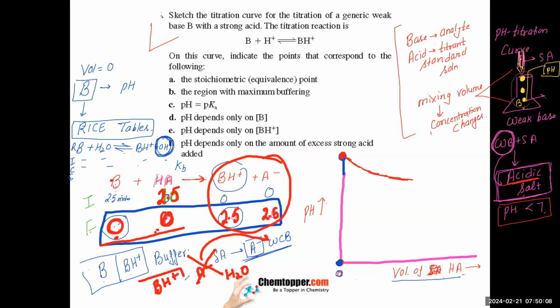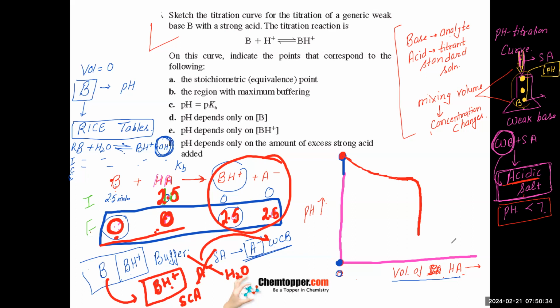This you know is the conjugate acid of a weak base. It's a strong conjugate acid. So who is going to control the pH? BH plus. And the pH will be slightly less than 7. So all of a sudden at the equivalence point, pH will drop like this.